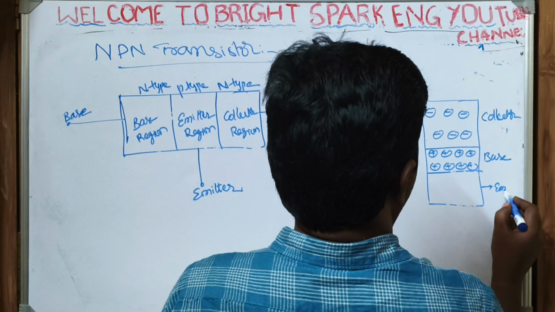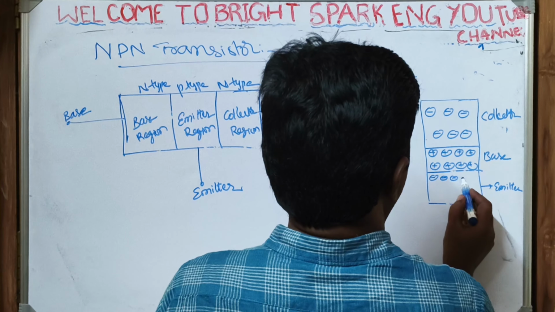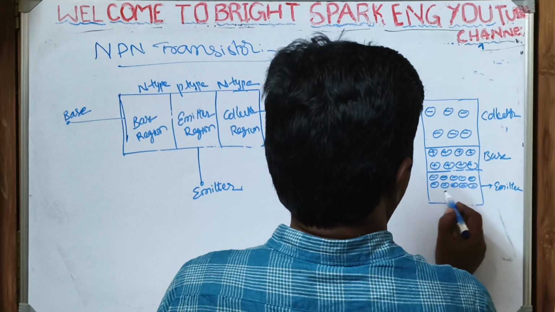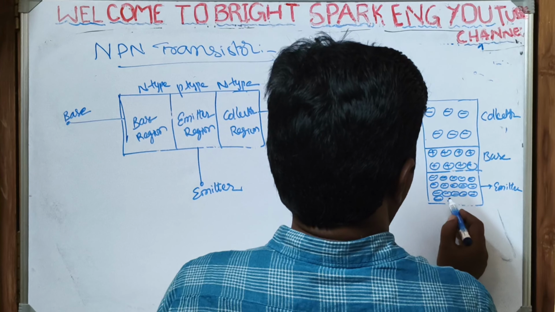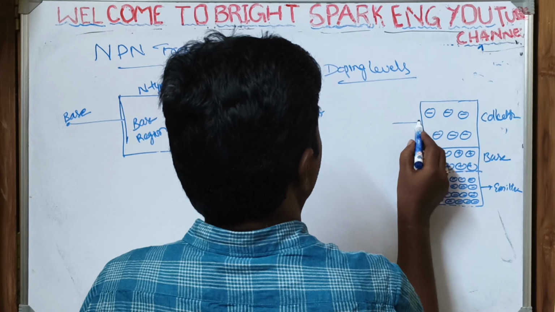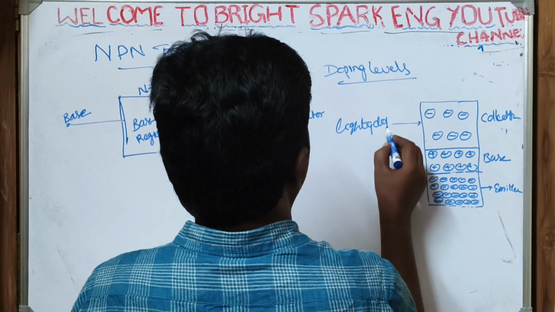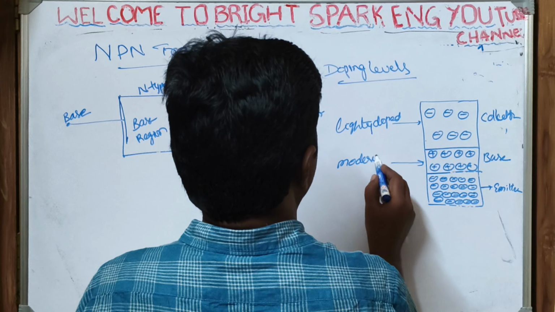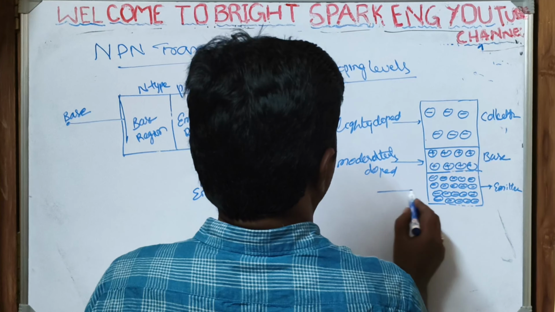This is emitter. This collector is lightly doped. This is moderately doped. This is highly doped.